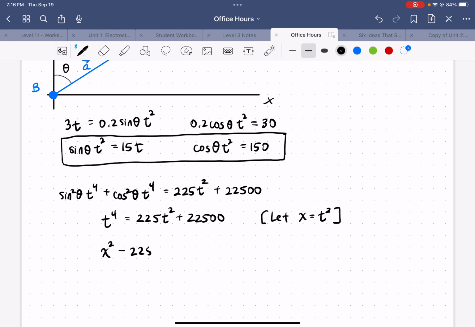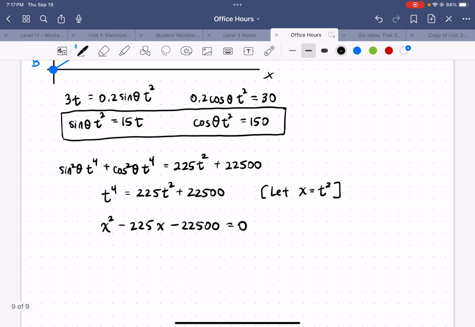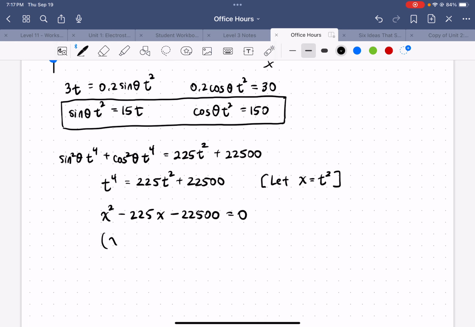And believe it or not, this actually turns out to factor. 22,500 was 150 squared, so that's also 300 times 75, and 225 happens to be the difference between those two numbers. So this factors to x minus 300 times x plus 75 equals 0.